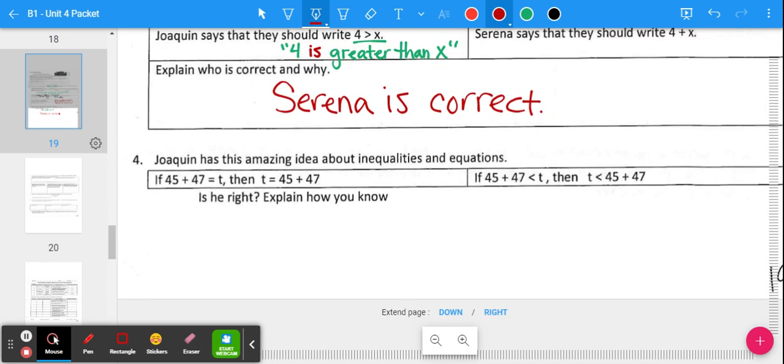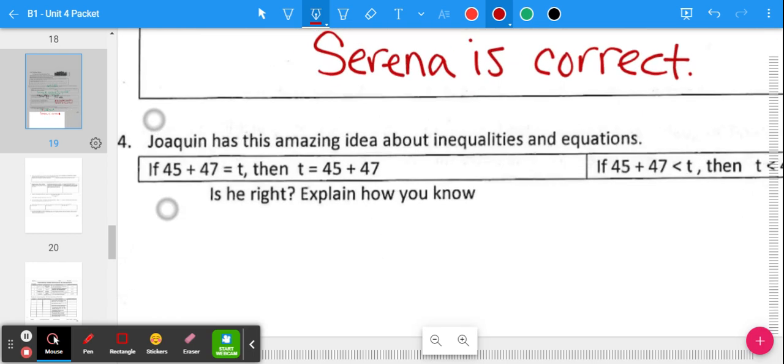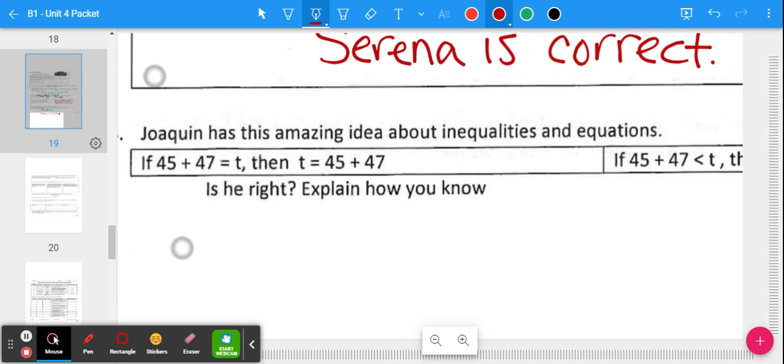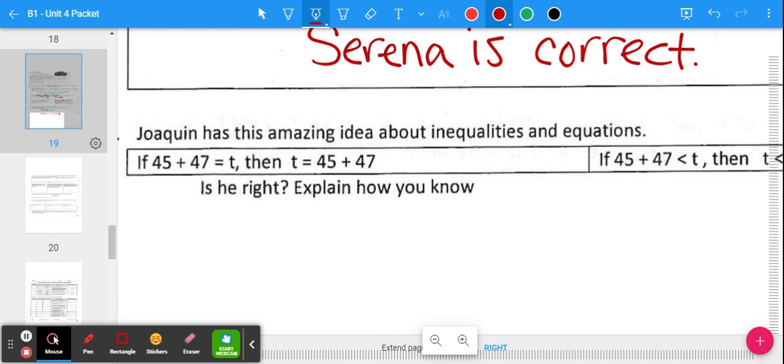So this next one is actually at the top of the back of this paper. Mine printed on the front for some reason and yours printed on the back. So we have, Joaquin has this amazing idea about inequalities and equations. If 45 plus 47 equals t, then t equals 45 plus 47. So the easiest place to start with this is to simplify the statement.